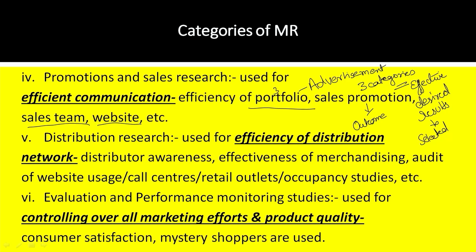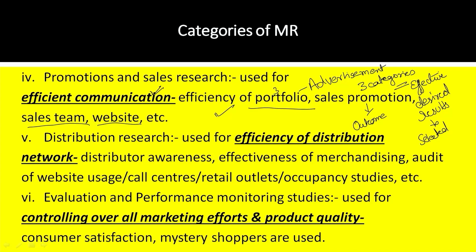Now promotion and sales research is to check the efficiency of the communication. We all know that any kind of promotion is actually a communication. So how efficient the communication of the company is through any channel, through any media, is being checked here in promotion and sales research.